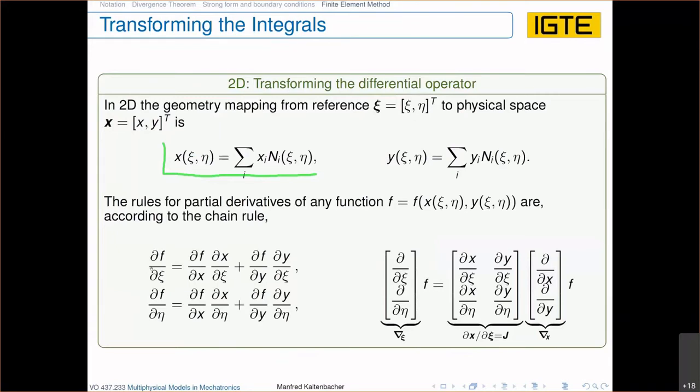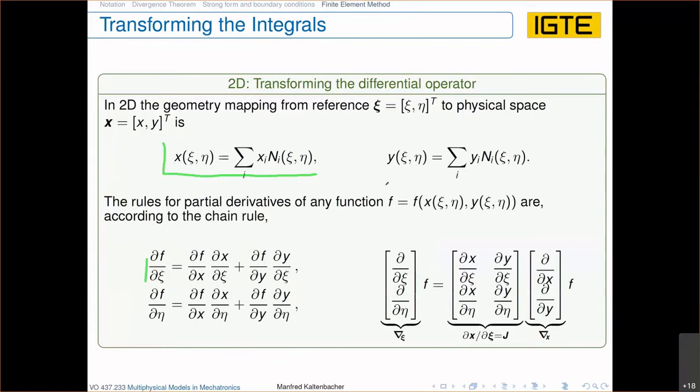That means when we take now a derivative of this function f with respect to psi, it's a derivative of f with respect to x, scaled by the derivative of x with respect to psi, plus, since it is a function of psi and eta, the derivative of f with respect to y and y with respect to psi.